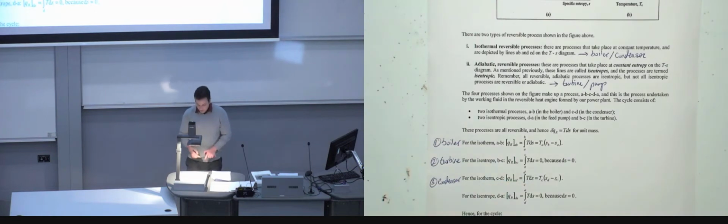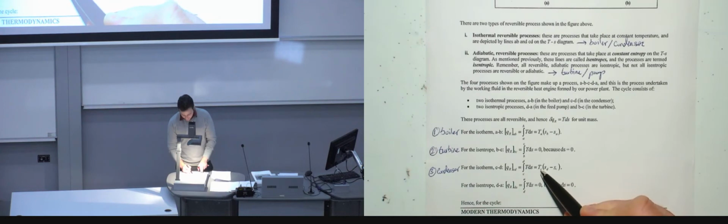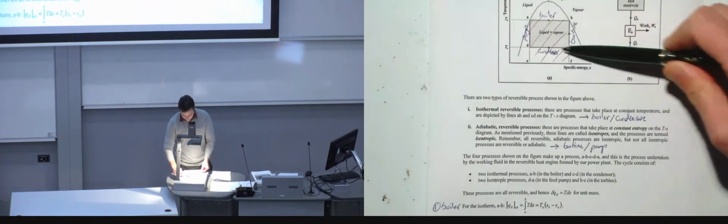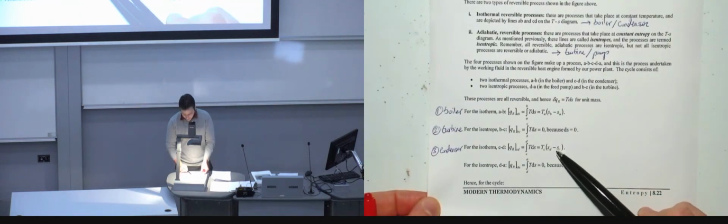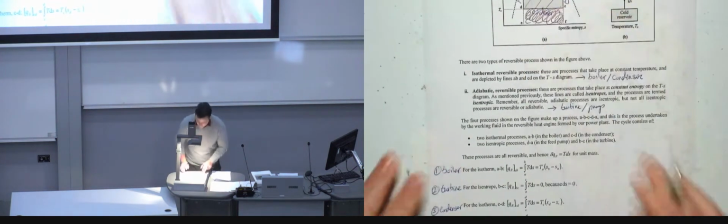It's actually quite similar to the boiler. The way that you calculate Q for the condenser is TC. Let's just show you what that is. That is that line multiplied by SD minus SC. So that minus that, which then essentially gives you this line, this curve here, this area.